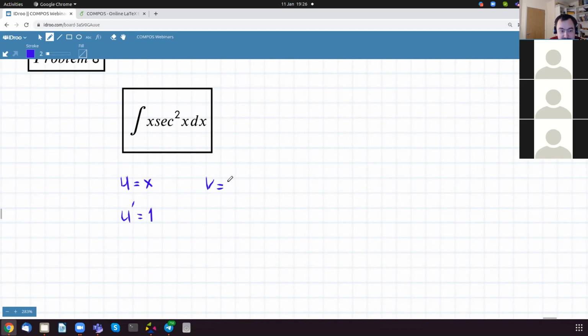v is equal to tan x. Oh, okay. v prime is equal to sec squared x. And we know that sec squared x is actually the derivative of tan x. I don't really have too much time to explain this because I want to focus on another thing.